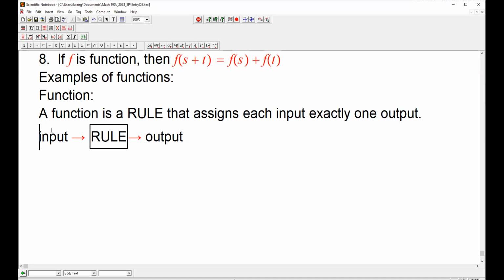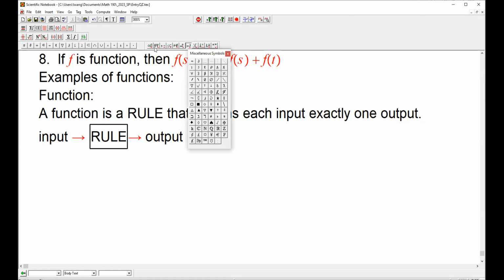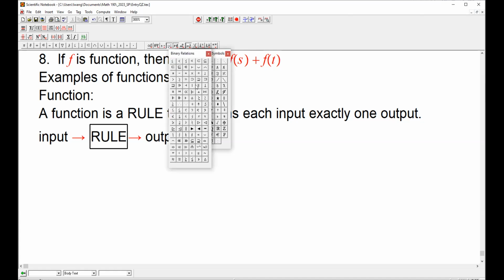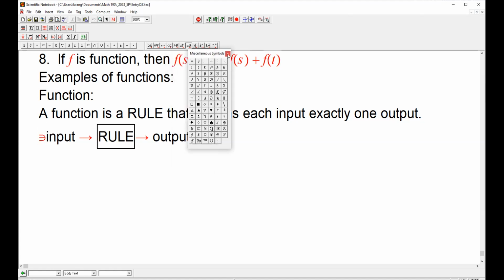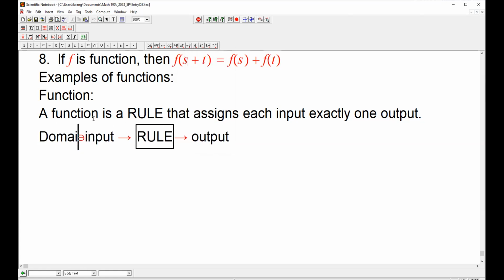All the possible inputs make the domain. You must have heard that before, right? All the possible outputs, we call them the range.